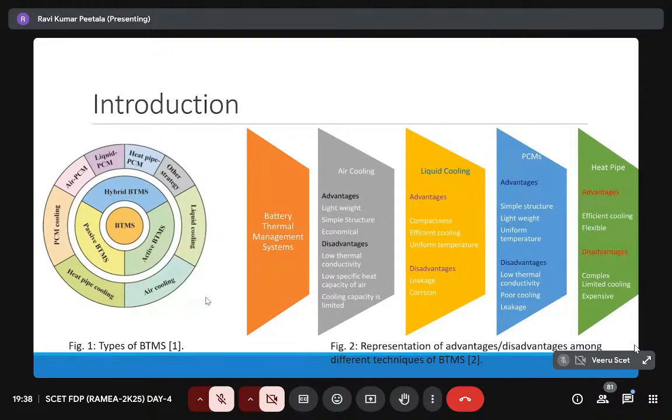These are the advantages and disadvantages of the various cooling techniques I have reported here. The advantage of air cooling is that it is lightweight, but it has low thermal conductivity, so cooling takes a long time. And about compactness, if you want to use liquid cooling in a two-wheeler, we need to use pumps to supply the fluid to the battery pack.